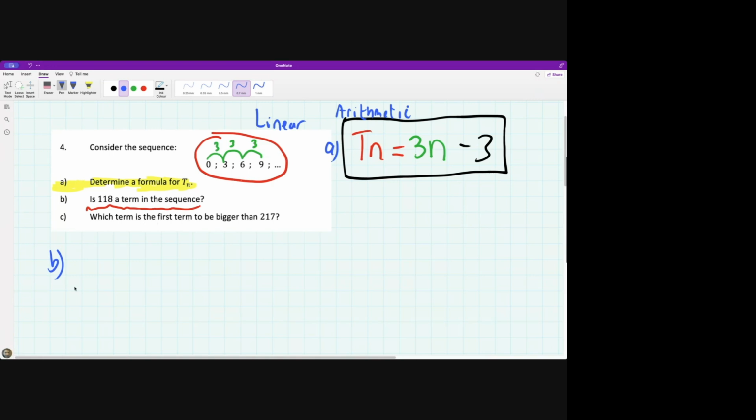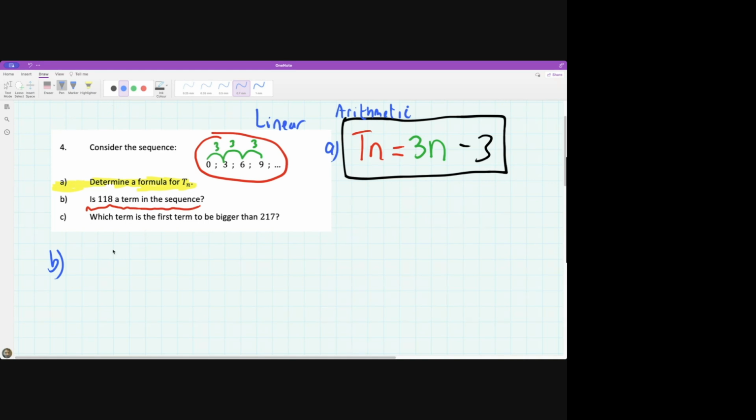Can someone give me a first step? In the last lesson, we did something with this 118. Where did we sub it? If we thought it was a number pattern, where did we sub it in?